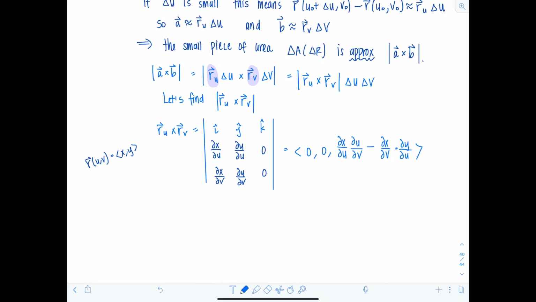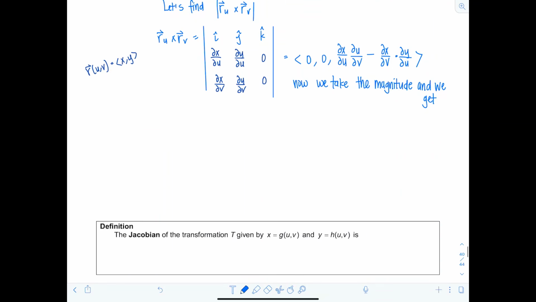Okay, now we take the magnitude, and what do we get? Let's see. Well, the sum of the square of the first two components is just going to be 0. So all I'm going to be left with is the absolute value of the last component, right? Because I'm going to square it and then take the square root again. So I have del x del U, del y del V minus del x del V, del y del U, absolute value.